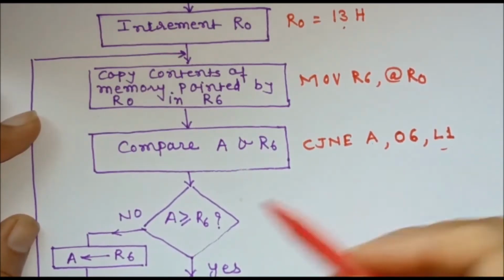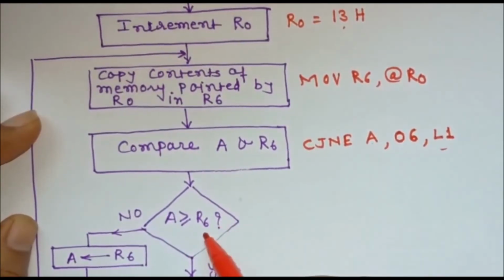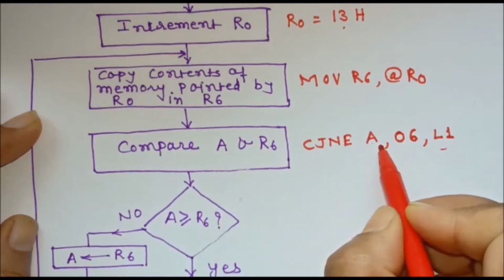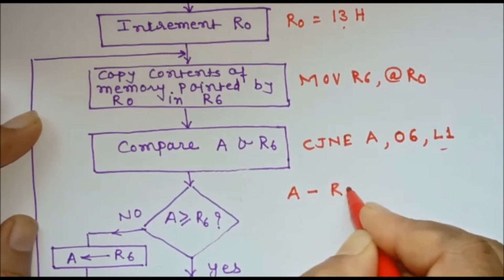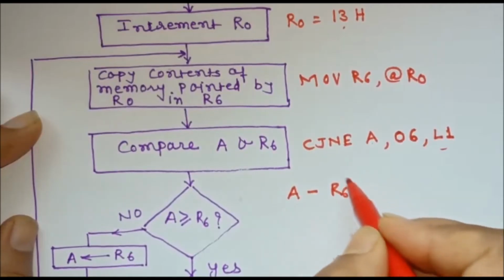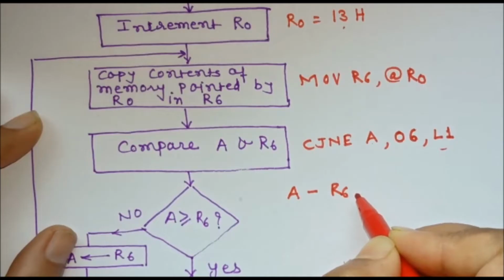After that we'll check whether contents of accumulator are greater than contents of R6 or not. For that we have to check the carry flag, that is the borrow flag, because the compare instruction subtracts the contents of register R6 from accumulator, and according to this operation the carry flag, which is used as a borrow flag, will be set or reset.